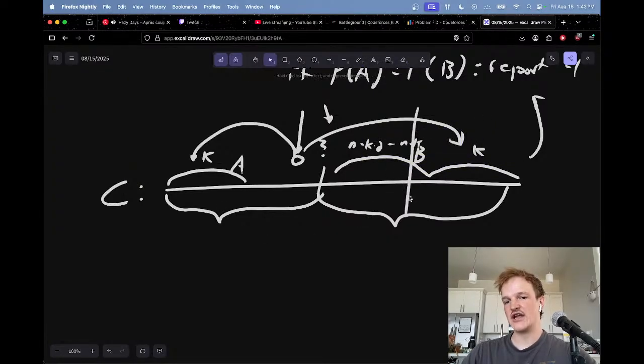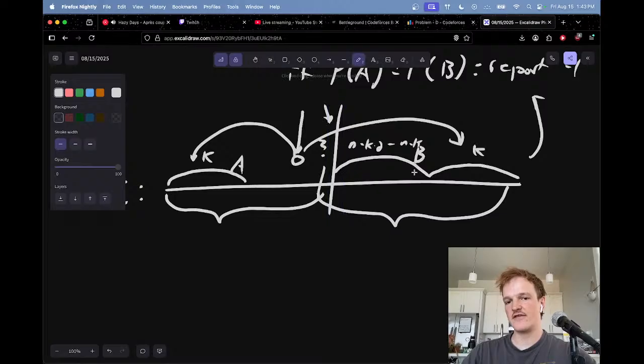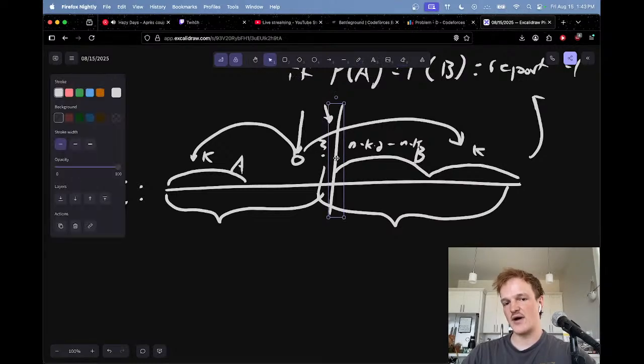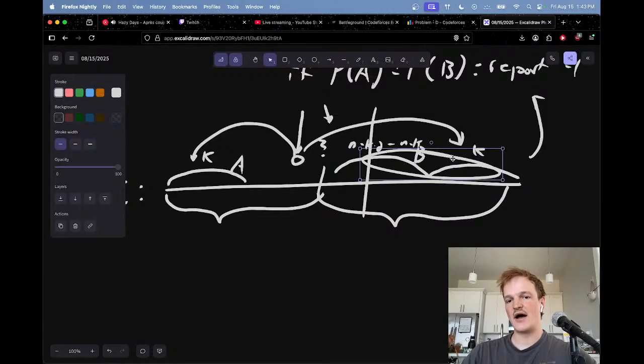Or it didn't change, in which case you know that this is another spot where B is, and then you could align it according to K, because this is a length of at least K. So then you have a spot where you say, okay, A is going to have these values, B is going to have these values, and then you could binary search in here.